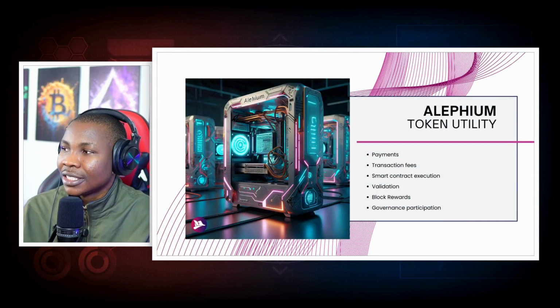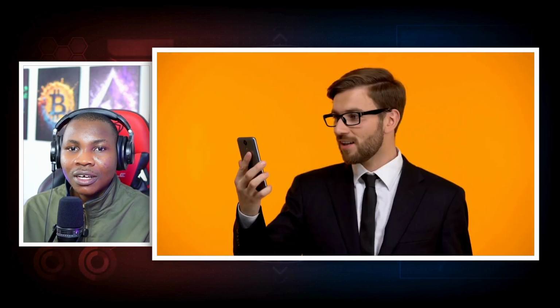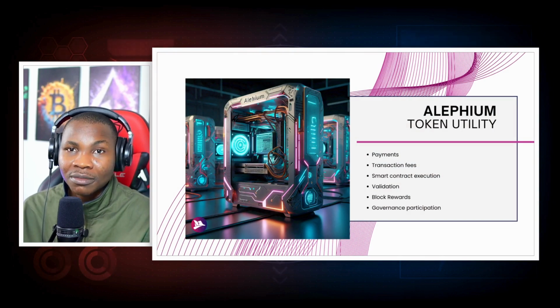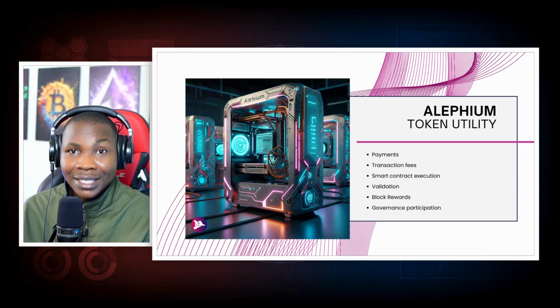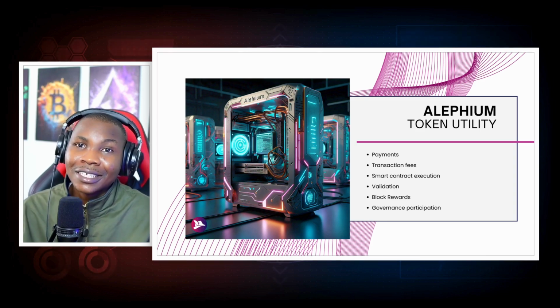Okay, and block rewards: whenever there's a need to reward validators, miners, or users of the Alephium ecosystem, they also use the Alephium token to make that possible. All right, and then lastly, governance participation, very important.